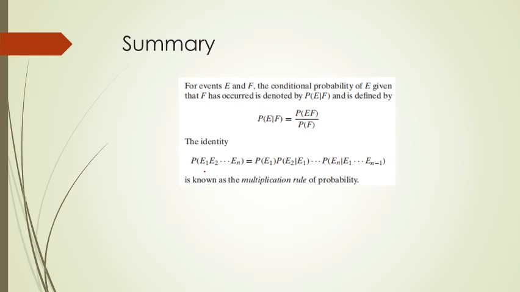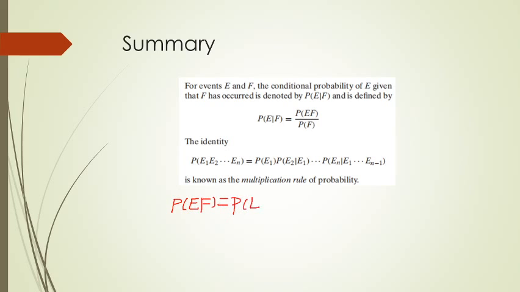We can use the multiplication rule to write the probability of the intersection of n events in this way: conditional on one event E1, conditional on two events E1 and E2, and finally conditional on the n minus one event intersections. That is called the conditional rule, and it's easy to understand for 2, right?